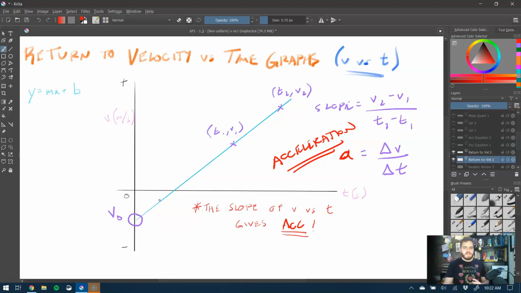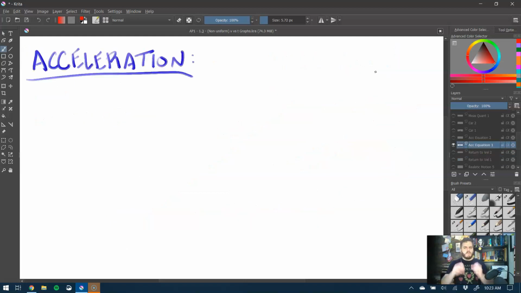Now, a couple additional things I want to note here is if I'm going to write the equation for this line, remember we have to plug in the appropriate values. So instead of y and x, I have v and t. My slope is going to be the acceleration, and my y-intercept is going to be the initial velocity. So what is acceleration exactly? Most of you probably have an idea, because when you say that something accelerates, we say, oh, it's speeding up.